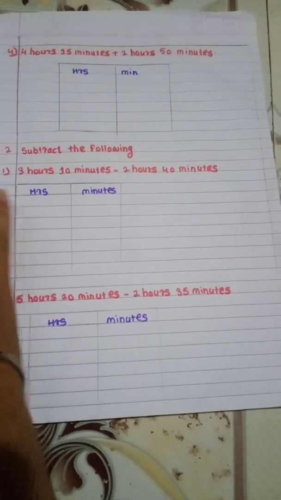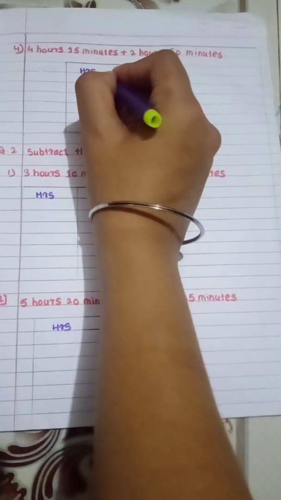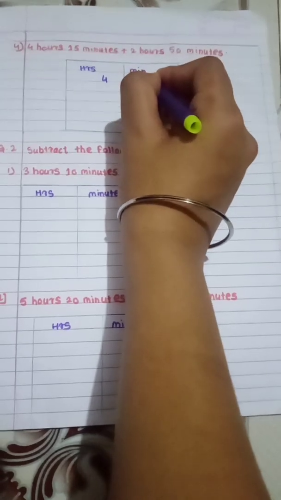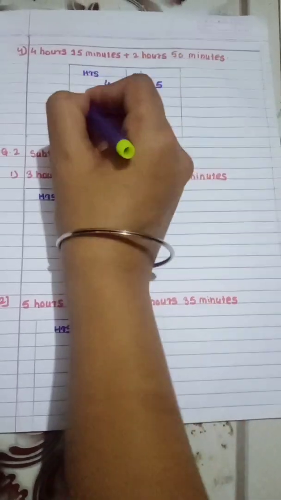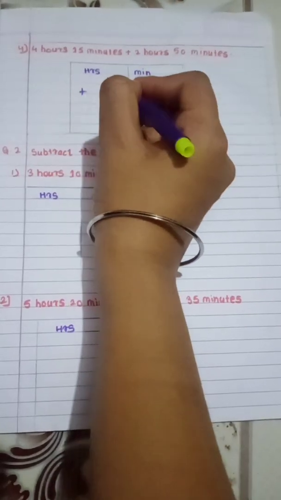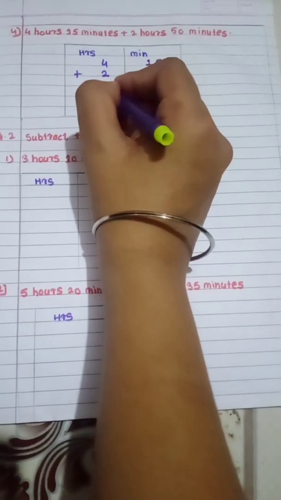Now question number 4. Sum number 4. 4 hours 15 minutes plus 2 hours 50 minutes. So 5 plus 1 is 6 and 4 plus 2 is 6.